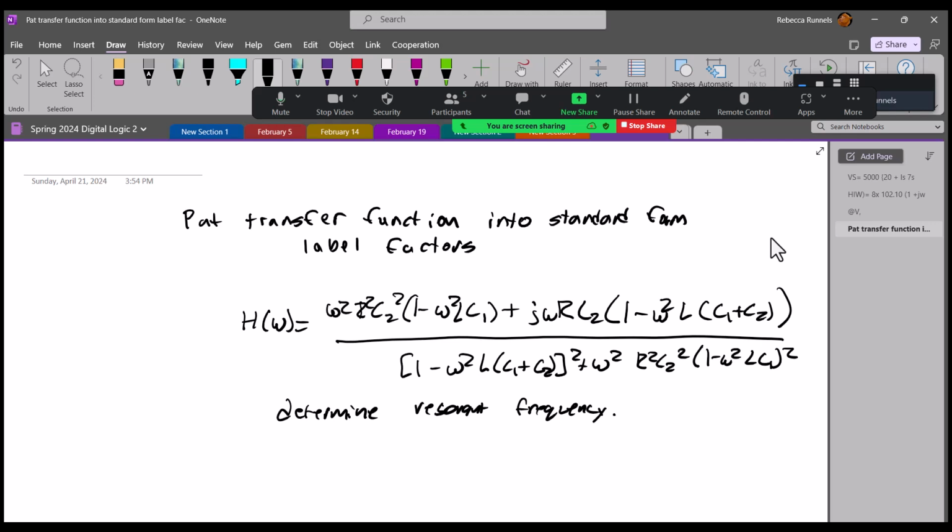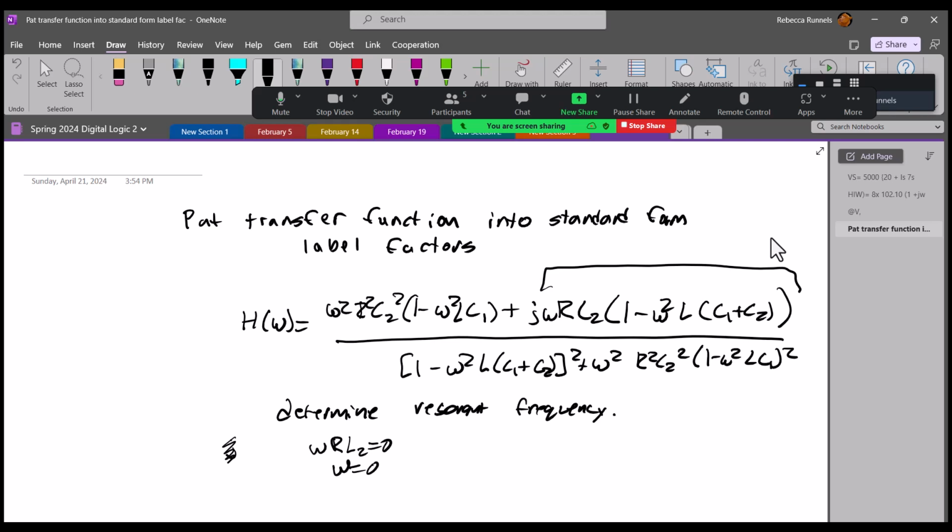We don't care about the denominator. We don't care about the real part. We only care about the imaginary part. And the imaginary part's right here. And that's the part that would need to equal 0. It's already kind of factored for us. And so we don't worry about the j, so it would be omega R L2 equals 0.